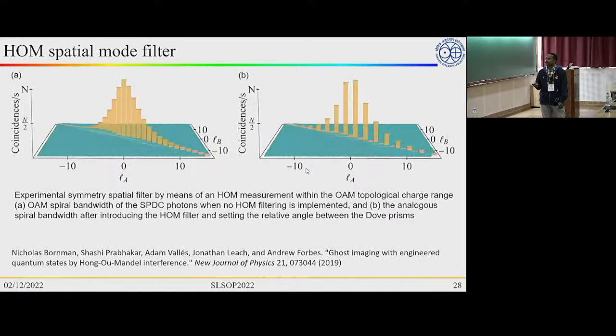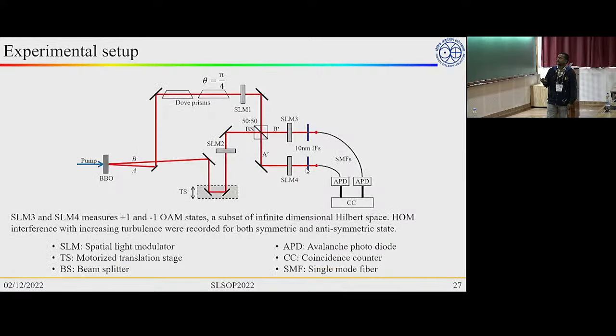So here I have put one of the Dove prisms and rotated it by pi by 4. So by using the phase that I introduced with these two Dove prisms, you can actually go from symmetric to anti-symmetric states for a few of the modes, and your Hong-Ou-Mandel will act like a filter.